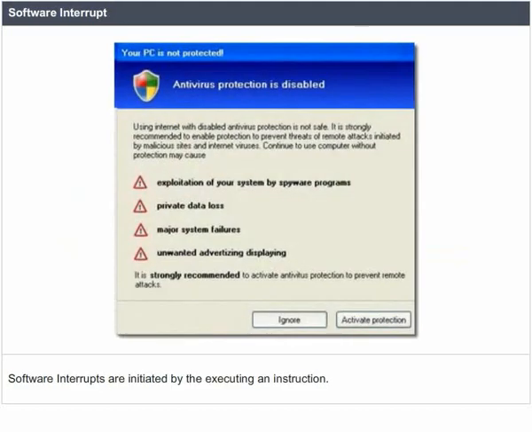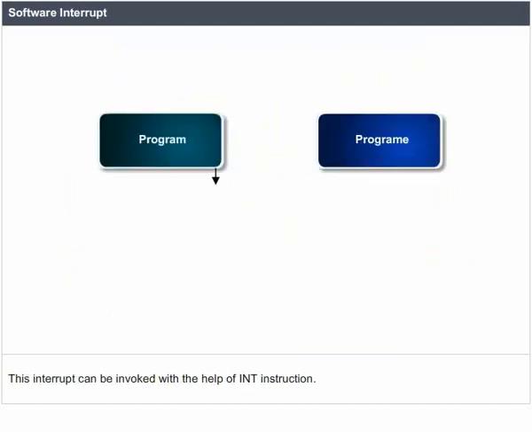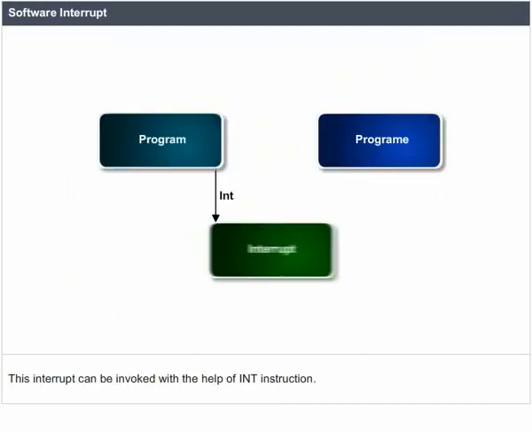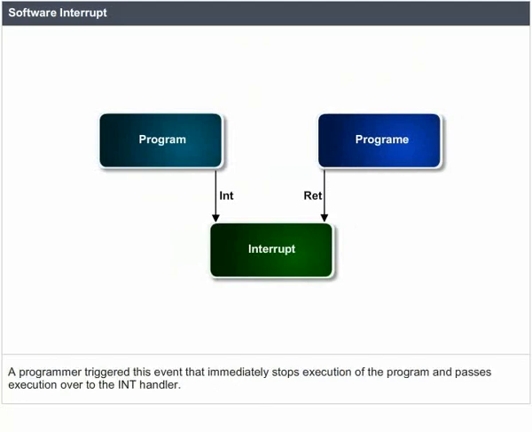Software interrupt. Software interrupts are initiated by executing an instruction. This interrupt can be invoked with the help of the INT instruction. A programmer triggers this event that immediately stops execution of the program and passes execution over to the INT handler.